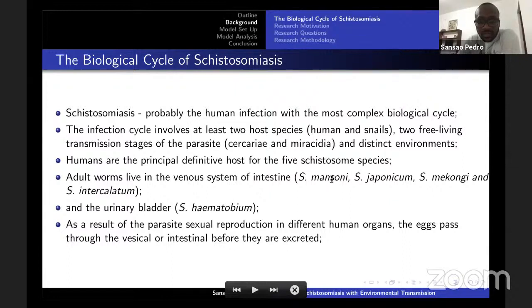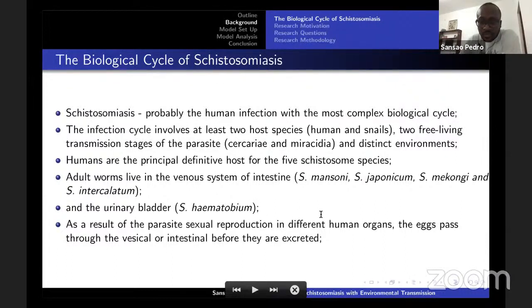These species include Mansoni, Japonicum, Mekongi, and Intercalatum. Then we have Haematobium, which at the adult stage ends up at the urinary bladder. As a result of the parasite's sexual reproduction in different human organs, the eggs pass through the vesicle or intestinal wall before they are excreted.